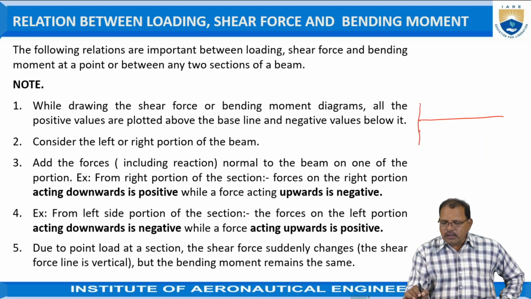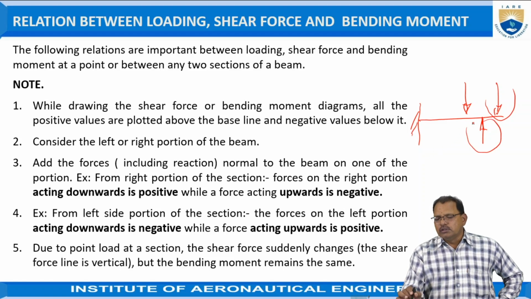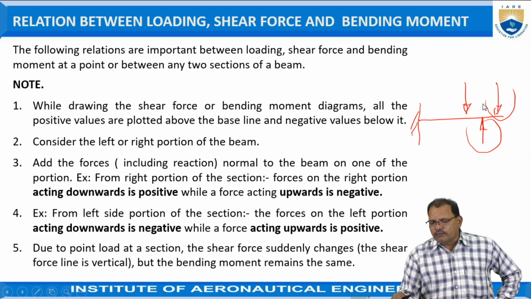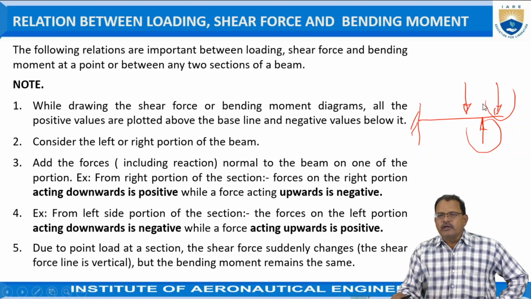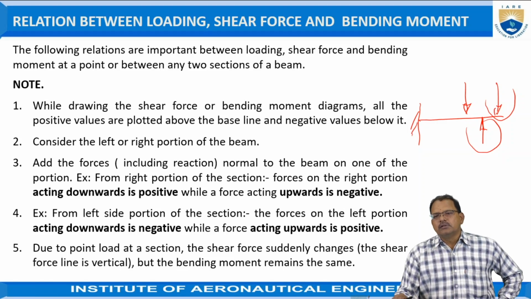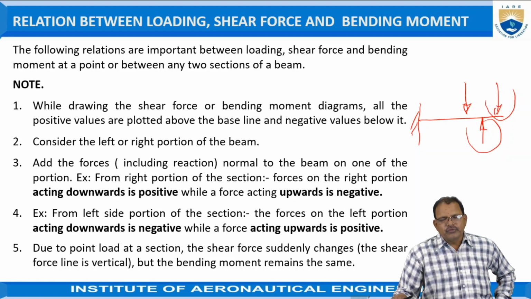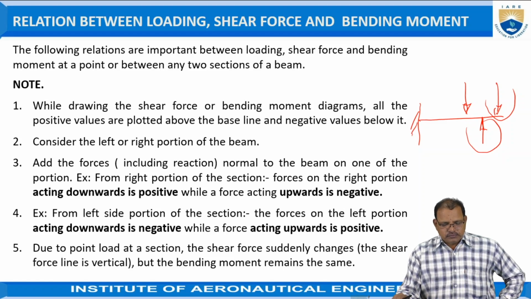Here I am taking one beam. The forces are acting like this. I assume the forces acting in downward directions are treated as positive, upward as negative. So the resultant of forces at any point gives the unbalanced vertical force acting on the beam. At the various sections, after finding numerical values, if we plot the shear force as the ordinate and the length of the beam as abscissa, then the diagram is known as a shear force diagram.